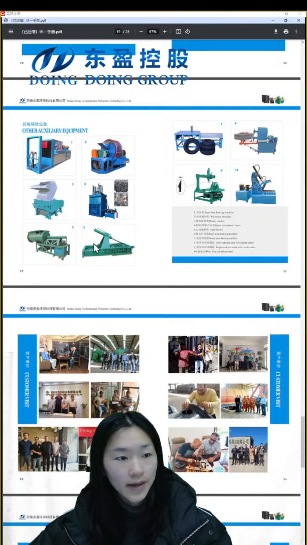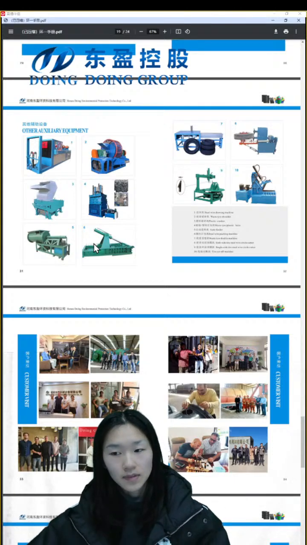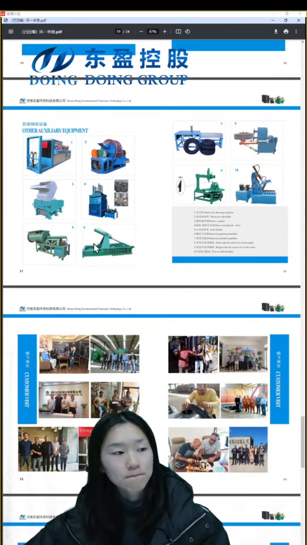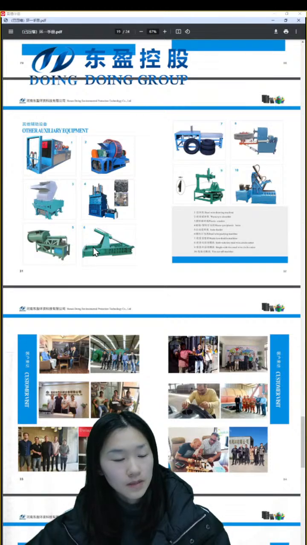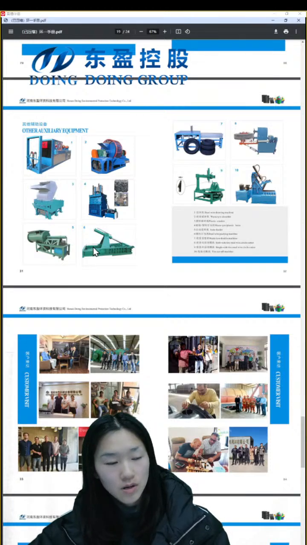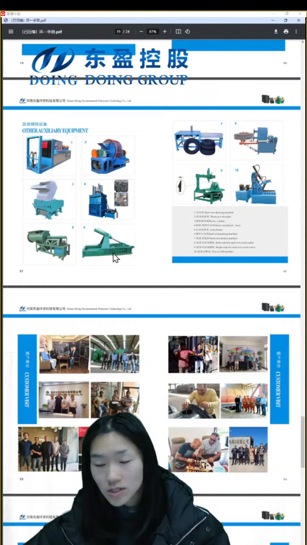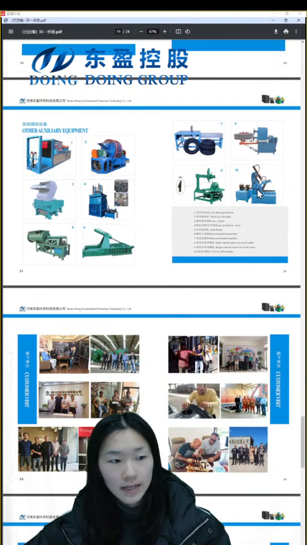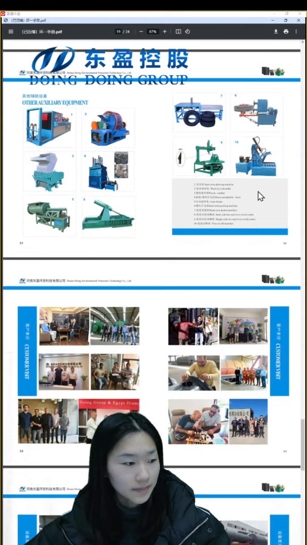This is the steel wire packing machine. It is used for packing the steel wire from the pyrolysis machine. We can seal the steel wire packing to send to a steel factory using this machine. Okay, this is the tire cut-off machine.